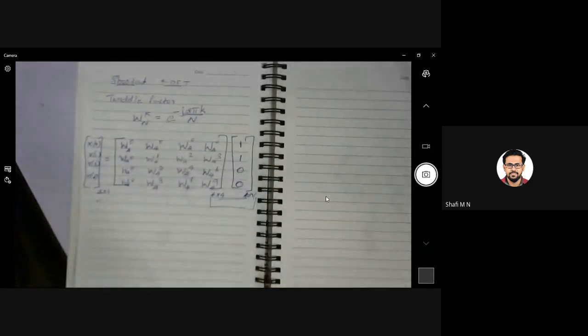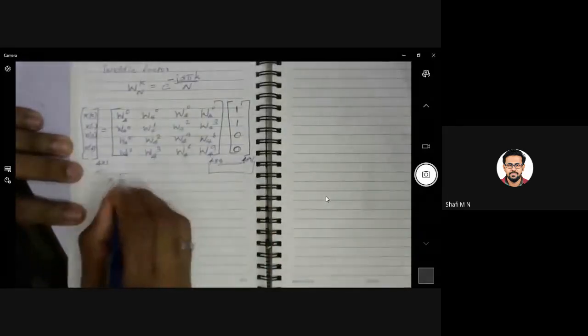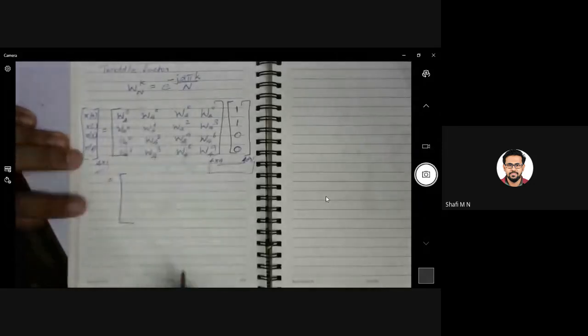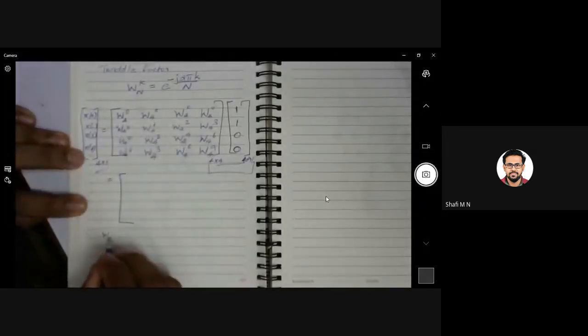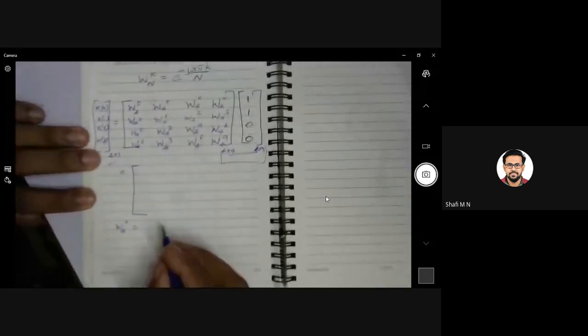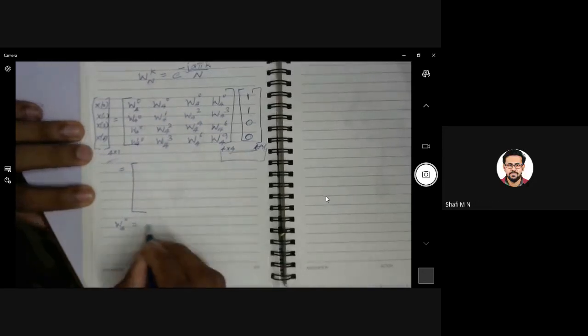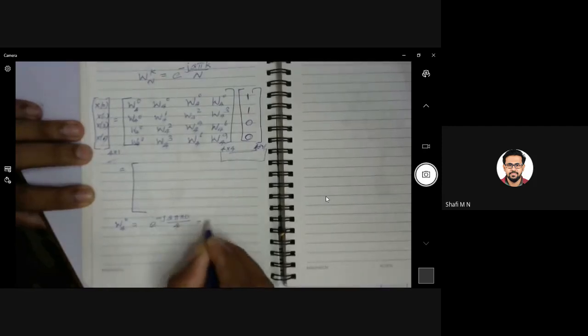Clear? Now let's find the values. During the exam, you can directly use the matrix values. Please help me find the values. First one, W_4^0. W_4^0 is e raised to minus j 2 pi into 0 by 4. So e raised to 0 will be 1.